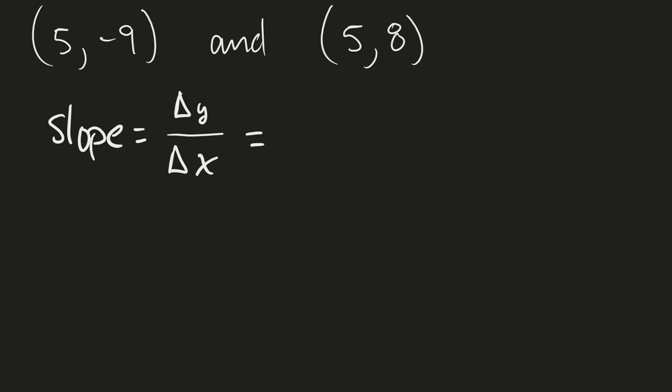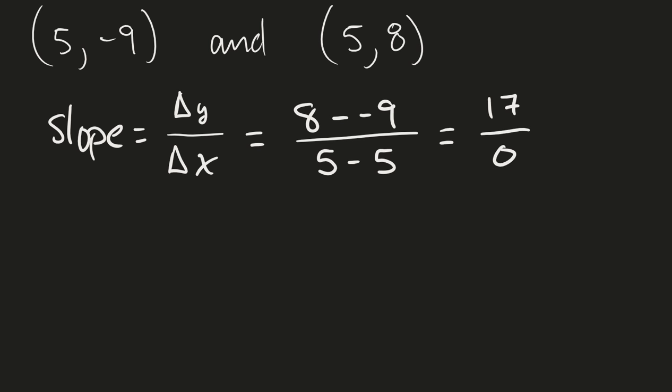So I'll take the second point, 8 minus -9 over 5 minus 5. And when I do that, that's positive 17, 8 minus -9, over 0. So this is a problem. The slope, it turns out, is not 0. The slope is undefined.